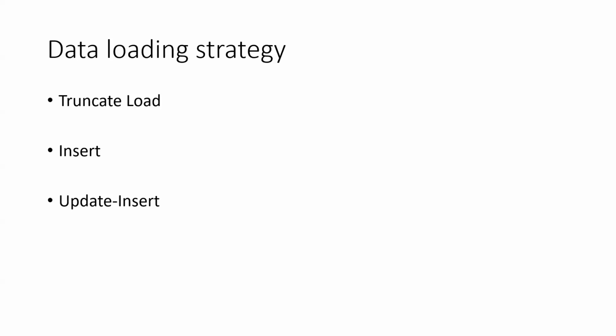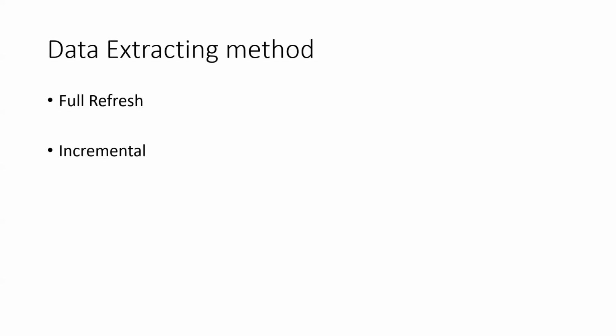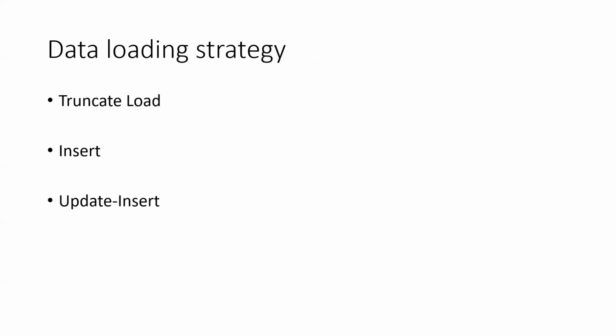I'll be deleting all the records from the target table first, and then after a full extraction, whatever data is there, I'll be pushing all that data into the target table. It's called the truncate load. It is the appropriate approach for the full refresh extraction method. So for full refresh at the target side, it should be truncate load.